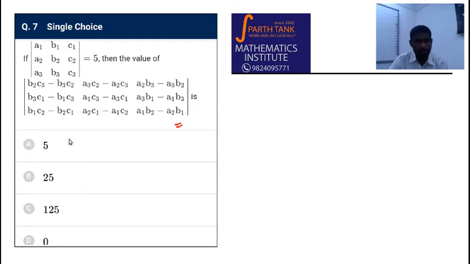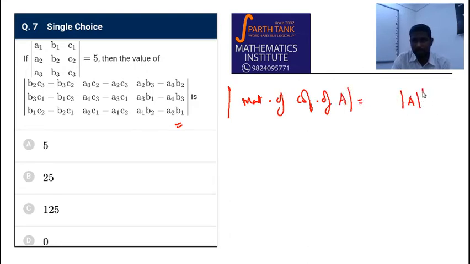Then C1. So this is nothing but the matrix of cofactors. Okay. If you have the matrix of cofactors, you know the determinant of the matrix of cofactors of A is equal to determinant of A raised to the power n minus 1, where n is the order. Right?